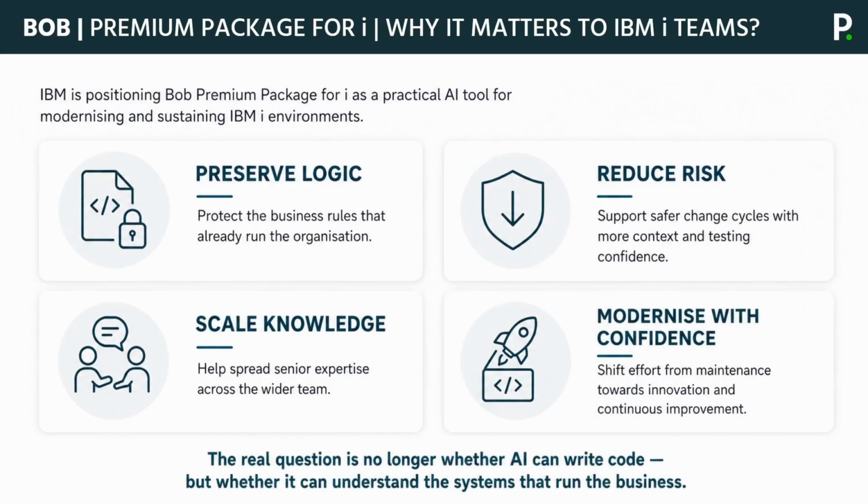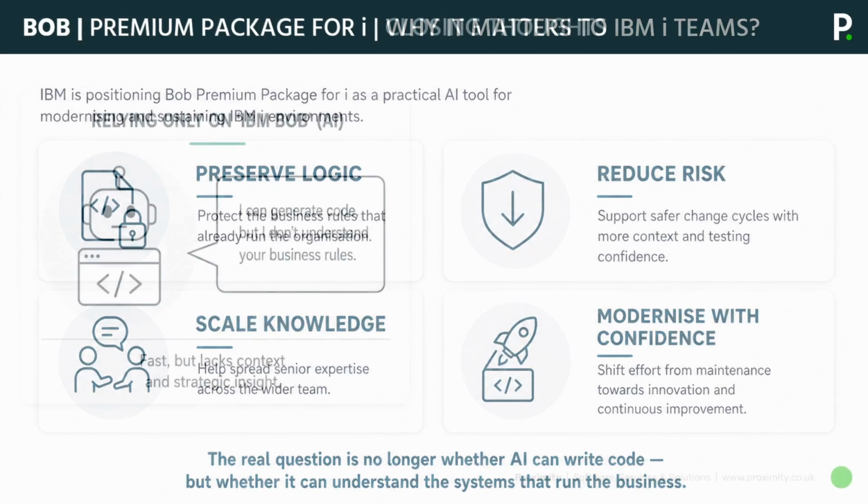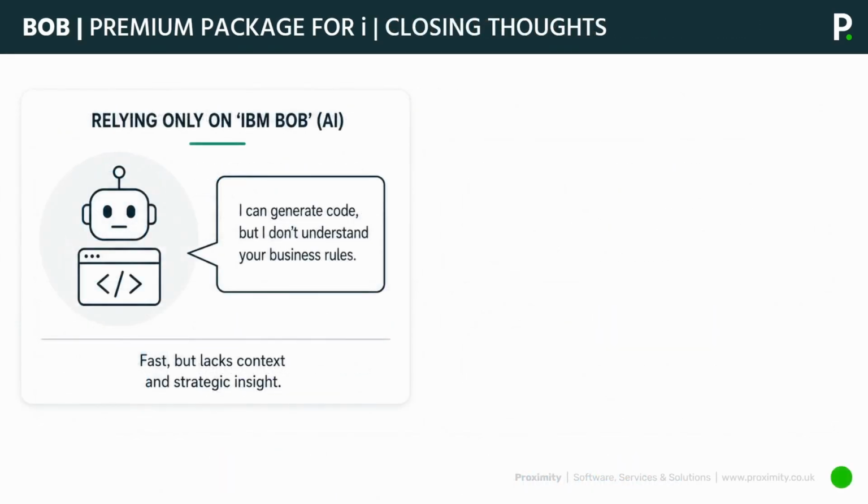So it's not just that it can generate code, but that it can work with IBM I specific context. IBM are positioning Bob as a tool or a colleague you can trust. The key point here is that AI is a powerful tool, or a trusted colleague even. But it is not the whole story.